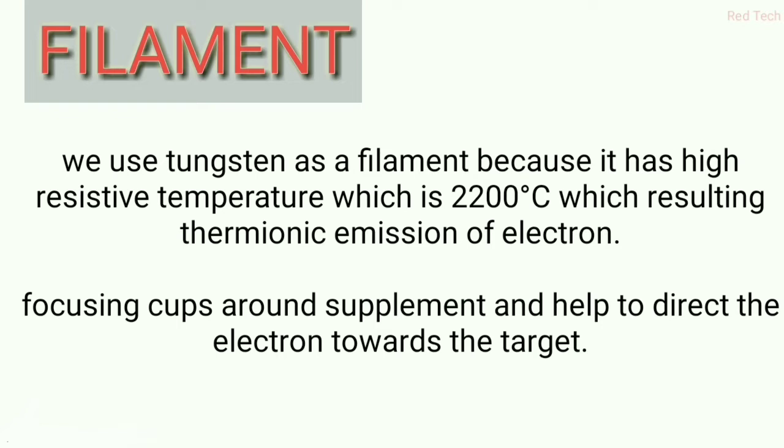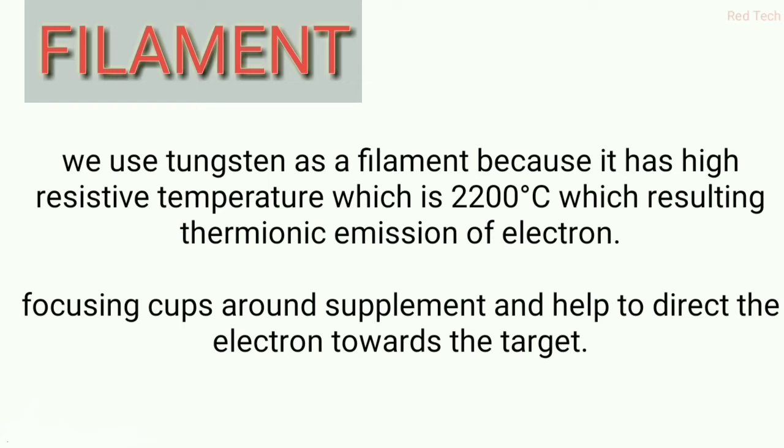Then a question may arise in your mind: why do we use tungsten in the X-ray tube? Basically, the answer is that it has a high resistance to temperature, allowing the filament to heat up to a high temperature, the highest limit being 2200 degrees Celsius, which is a huge temperature.